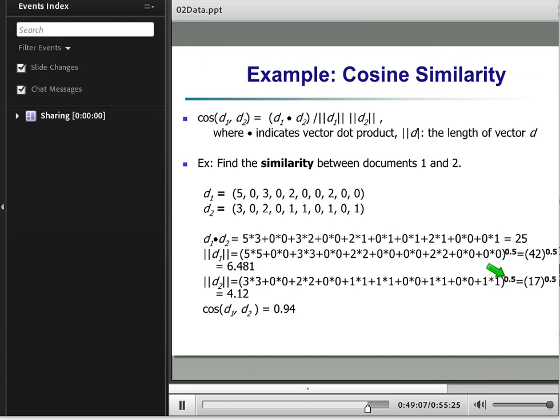We have two square roots, nothing more than this. And then a division at the final stage. It's very simple, very effective, and a straightforward method to calculate the similarity between two different documents.